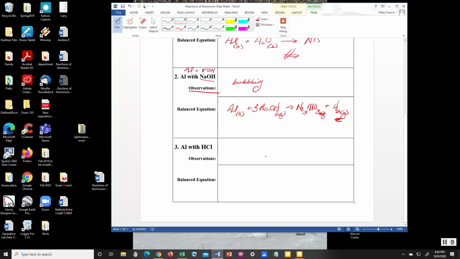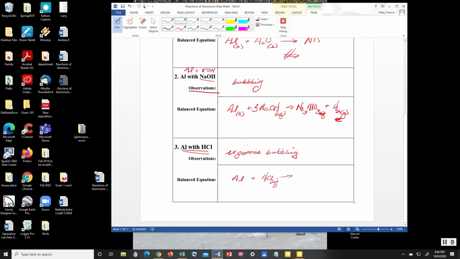For aluminum with hydrochloric acid, this was vigorous bubbling, wasn't it? So we were making even more hydrogen gas. Let's figure out the equation. Well, this is a displacement reaction. So we had aluminum and hydrochloric acid.